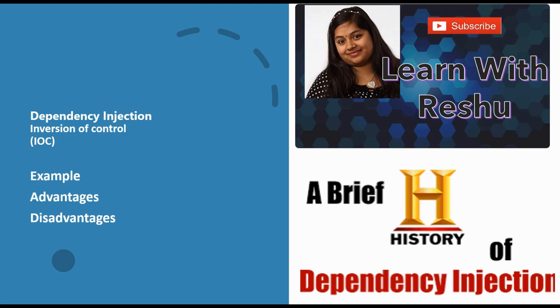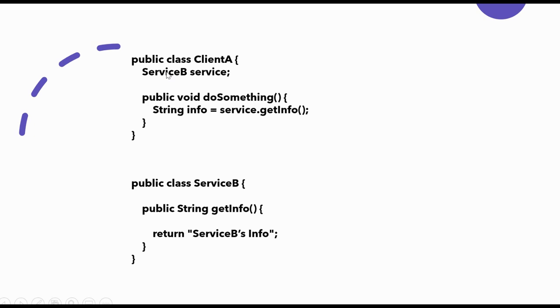For example, suppose you have a class Client A, and here you have a dependency, another variable, service B. So Client A class is dependent on Service B class here. If Client A wants to call the getInfo method, it needs to create the object of Service B. Am I right? Yes. So here class B is a dependency for class A.